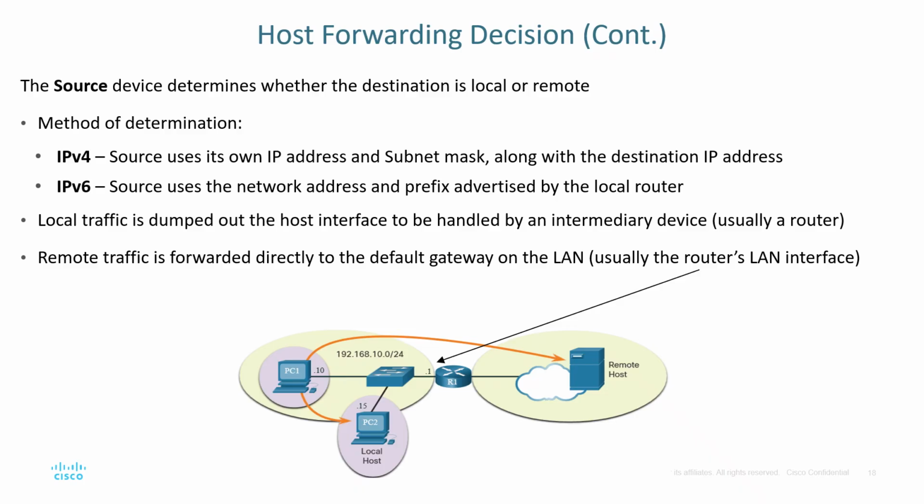Remote traffic is forwarded directly to the default gateway on the LAN, which is usually the router's LAN interface. I will change this on your slide, but let me say it here so you're not confused. For our purposes at this juncture, your local traffic is handled by your switch, not your router.